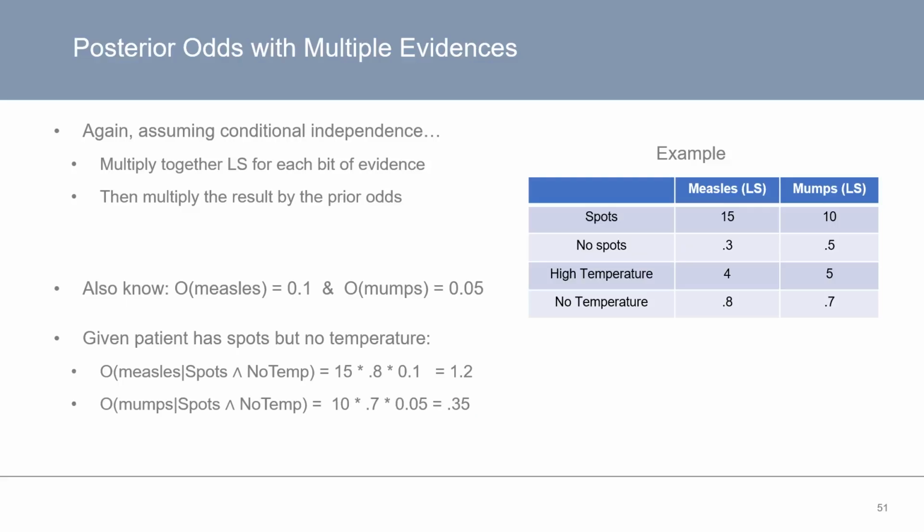We can similarly calculate this for mumps, given spots and not having a temperature, to be 0.35. So in this case, given those two pieces of evidence, spots and no temperature, we know that the probability of, or the odds of having measles is quite a bit greater.